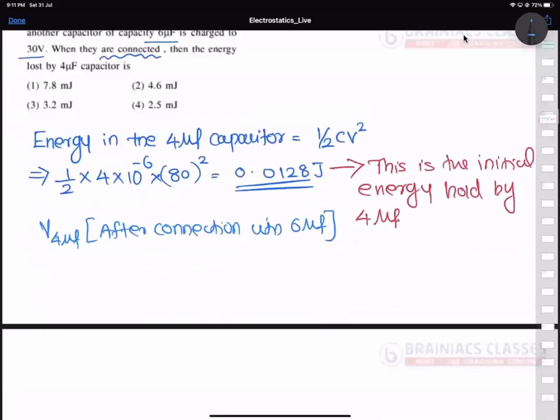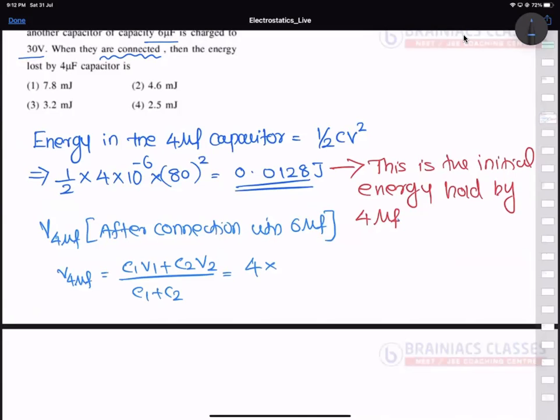Voltage V after the connection is equal to C1 V1 plus C2 V2 divided by C1 plus C2. C1 is the 4 microfarad capacitor. The numerator has microfarad and the denominator has microfarad, so both get cancelled. So 10 power minus 6 is not required.